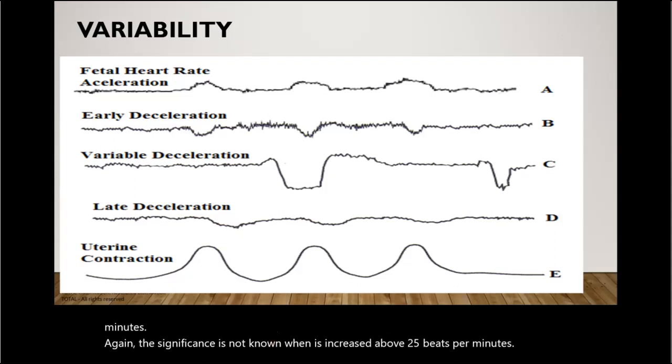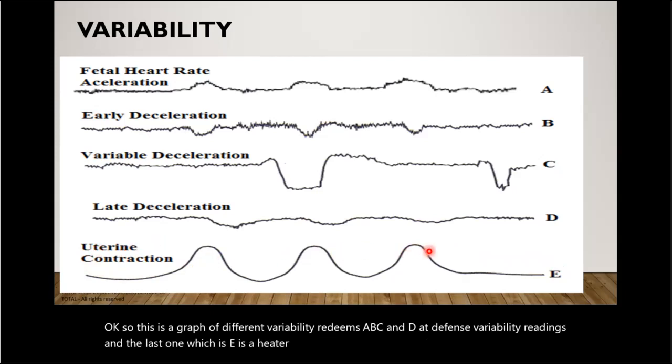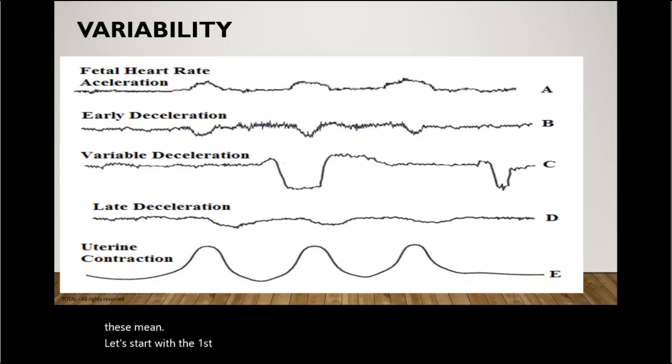Okay, so this is a graph of different variability readings. A, B, C, and D are different variability readings, and the last one, E, is uterine contractions. So let's look at what each of these means. Let's start with the first one, accelerations.